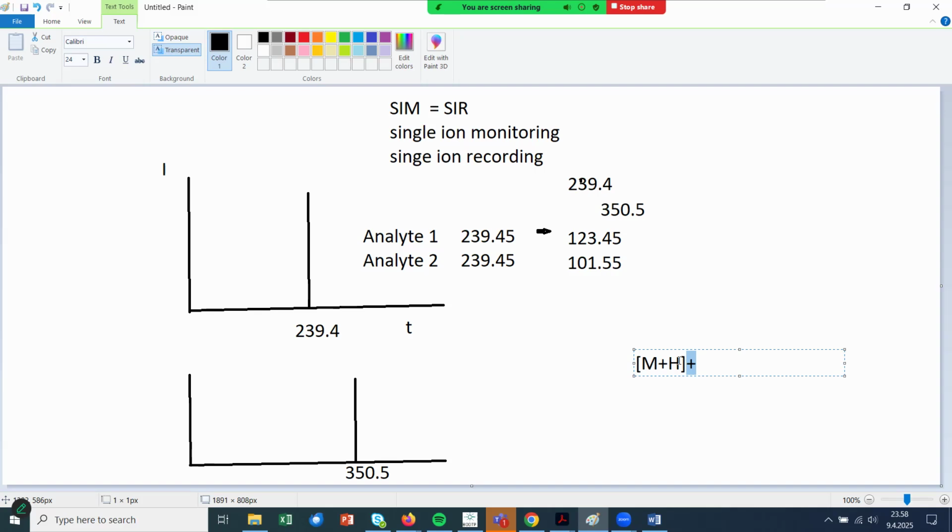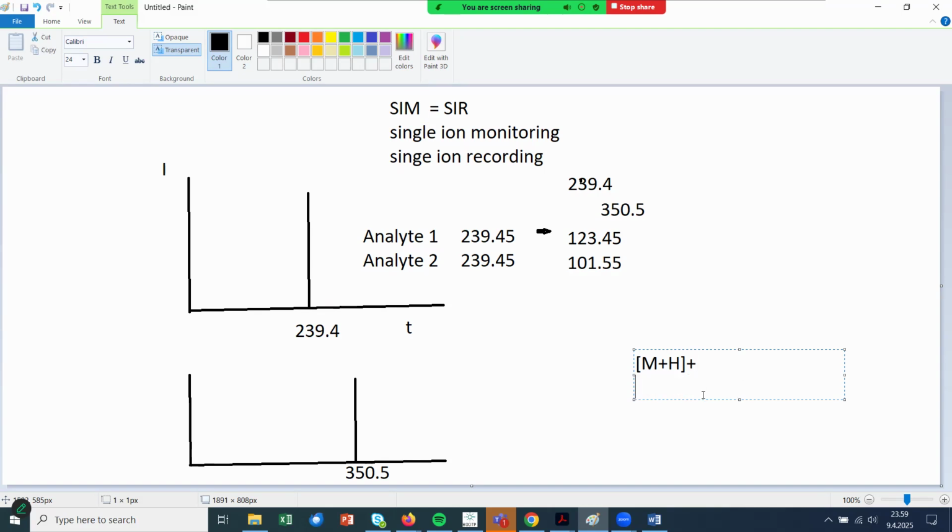Quite often I might just call it molecular ion, but it's a quasimolecular ion, and this is a positive ion if the ionization is in so-called positive ionization mode.